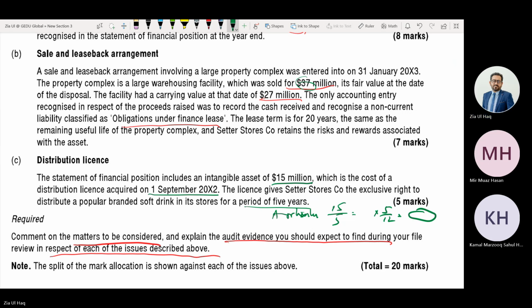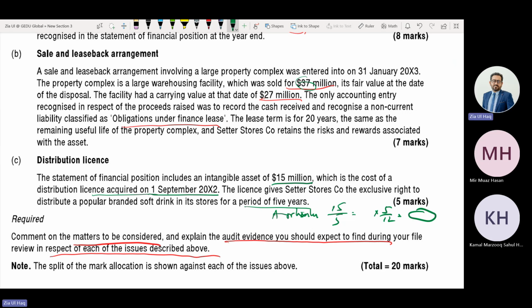Now we need to write down evidence leading to this. The company acquired, purchased. So this means purchase document, purchase contract copy, license copy.